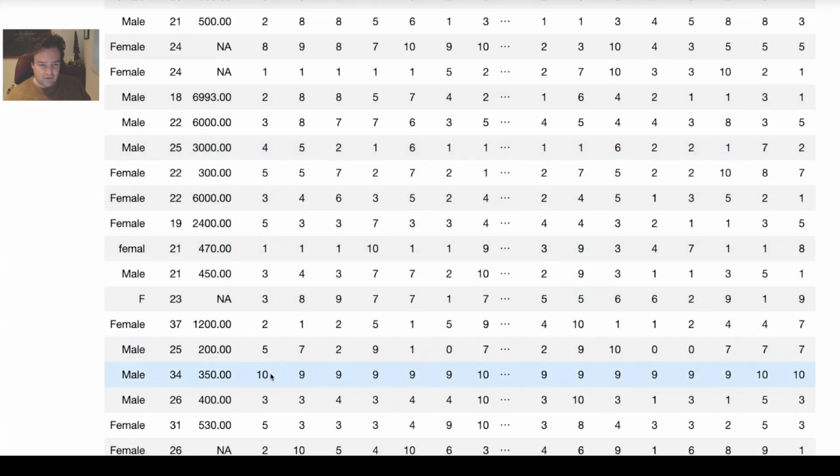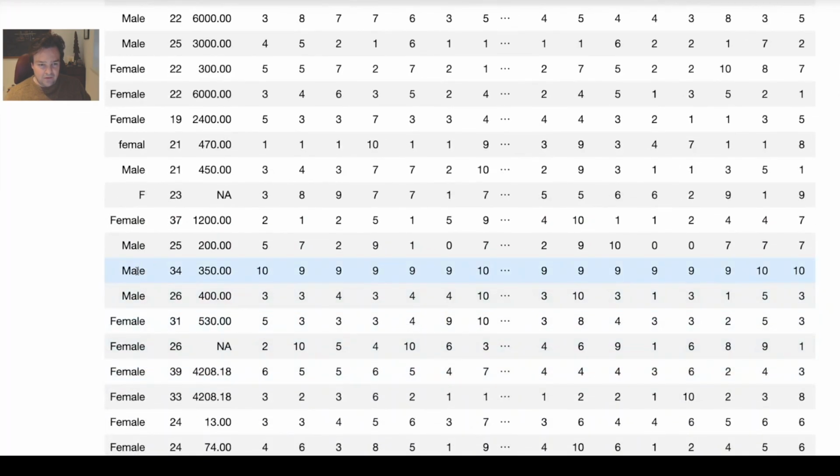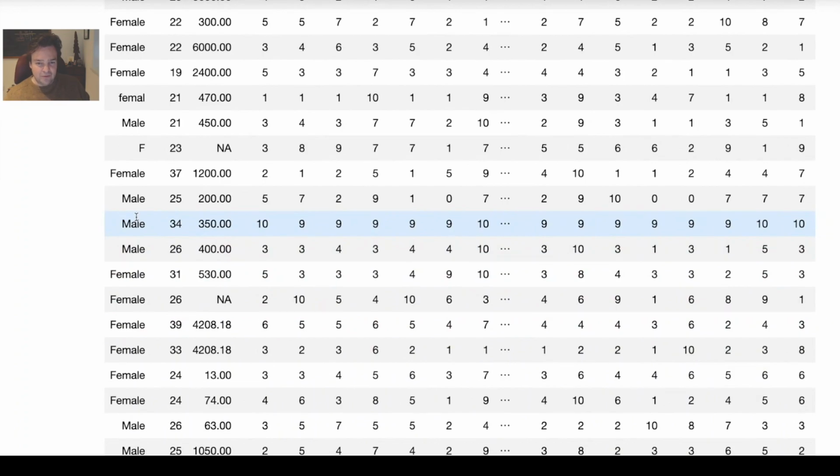This guy, this is observation 20. And so I think if you look at this, you should be able to see there is something unusual about this observation, or something that might make it more dissimilar to all the others. This responder has said 10 or 9 to almost everything. Well, at least to all the columns that we can see.